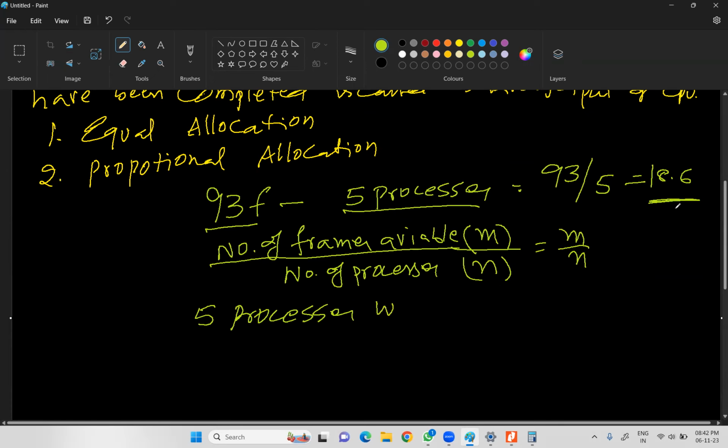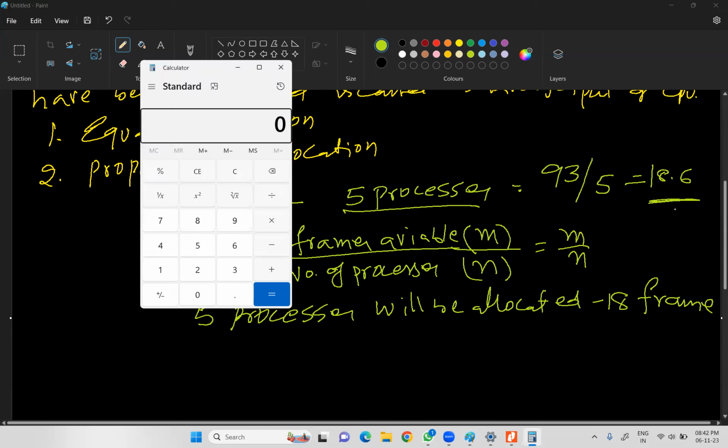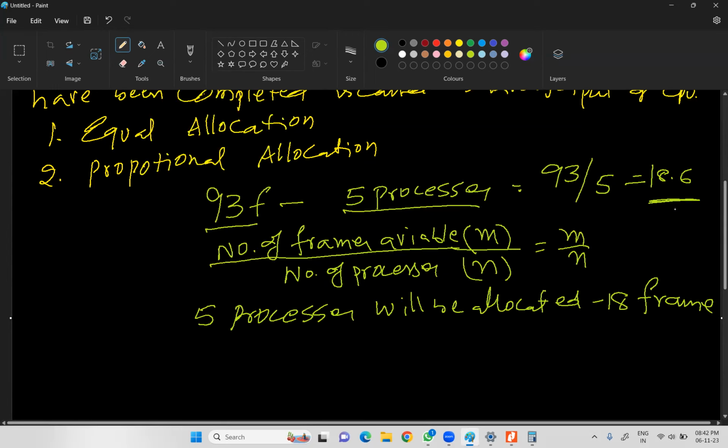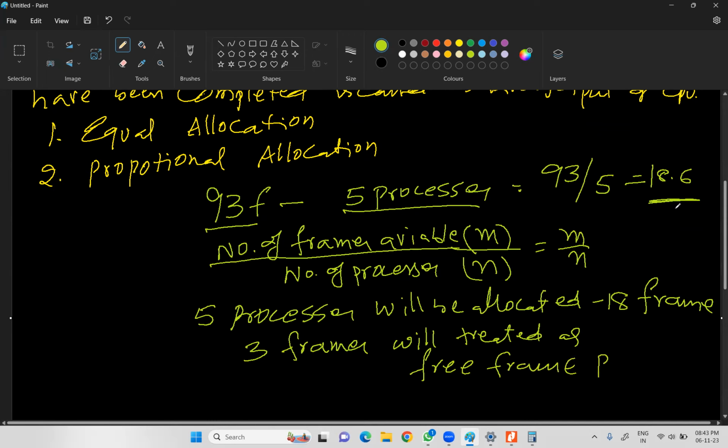So the 5 processes will be allocated 18 frames each, and 18 into 5 will be equal to 90, and the remaining 3 frames will be treated as the free frame pool.